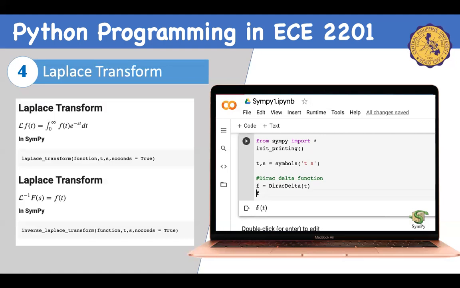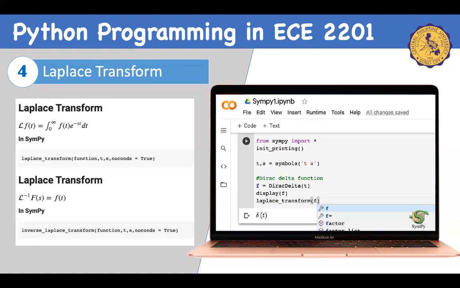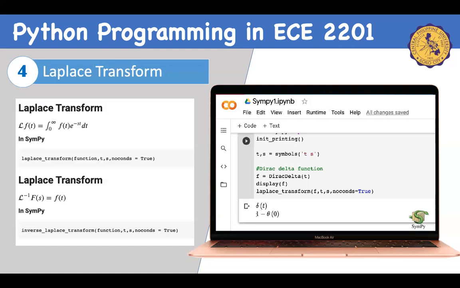I will be using display here instead of just typing f, because we will take the Laplace transform of this. So we have laplace_transform of f(t), t, s, noconds equals True. So display, run the code, and there you go.